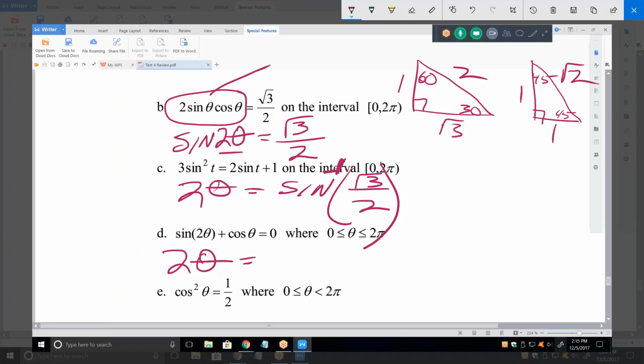Sine of 60, okay. So the answer to 2 theta is 60. Remember, we're looking for an angle. That's the first quadrant answer. They want all the answers in this domain. So where else is the sine equal to square root of 3 over 2? What other quadrant?